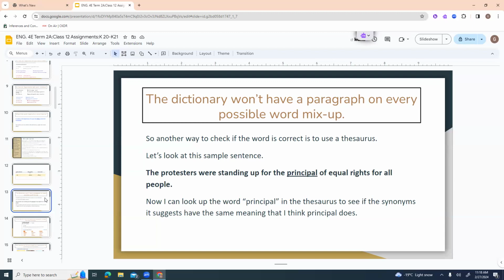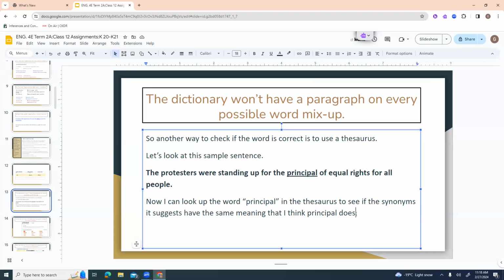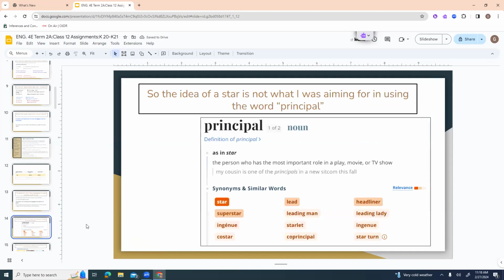Now, I can look up the word principle in the thesaurus to see if the synonyms they give suggest the same meanings that I think principle has. Because if I can put the synonym in there and it makes sense, then I've used the correct word. Okay. So if I go to the thesaurus, here's what came up.